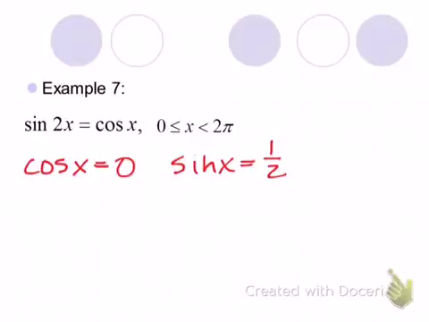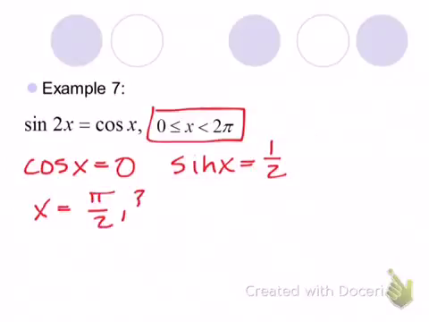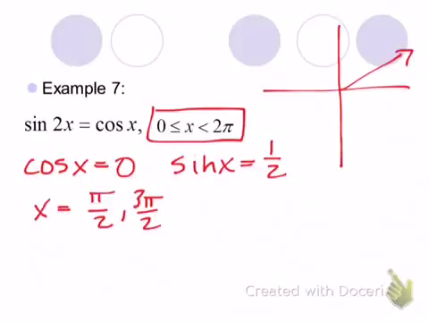Where is the cosine of x equal to 0 between 0 and 2 pi? Pi over 2 and 3 pi over 2. You get that straight from your unit circle. Where is the sine of x equal to 1/2? Pi over 6 in the first quadrant.